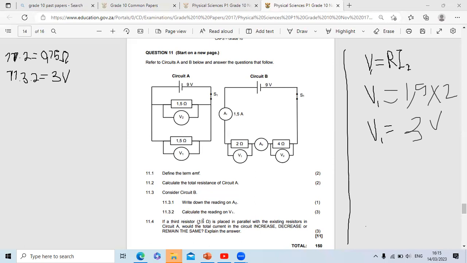They say if a third resistor is placed in parallel in circuit A, and now we're just going to add it.